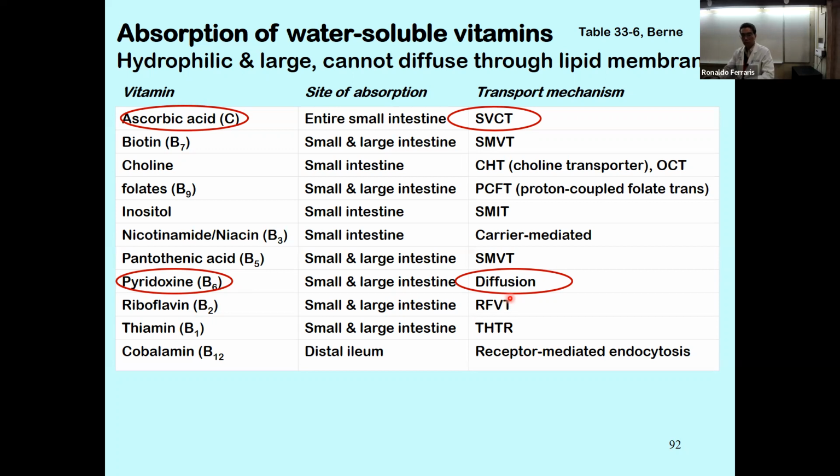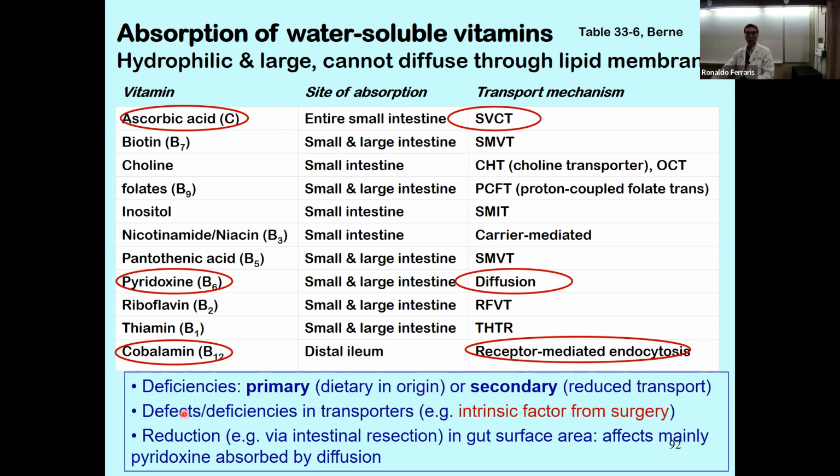Finally, we have vitamin B12, and it's absorbed only in the distal ileum, just like our bile acids, and it is by receptor-mediated endocytosis. If you have a deficiency, remember that the parietal cell secretes intrinsic factor, and I think this was also in your quiz today.